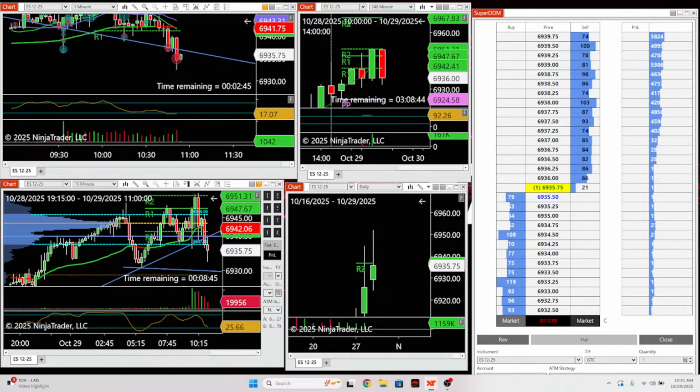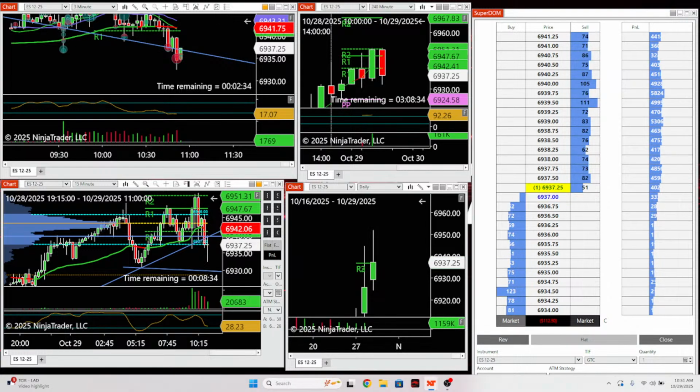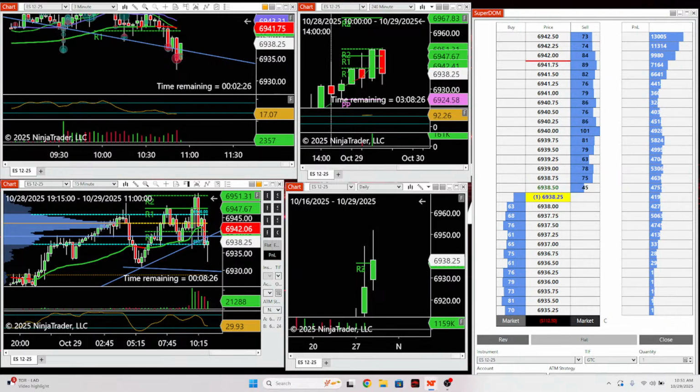The high was like 52. Break of 42 to 32.50. So we got the head and shoulders, nasty looking head and shoulders, but it played out.